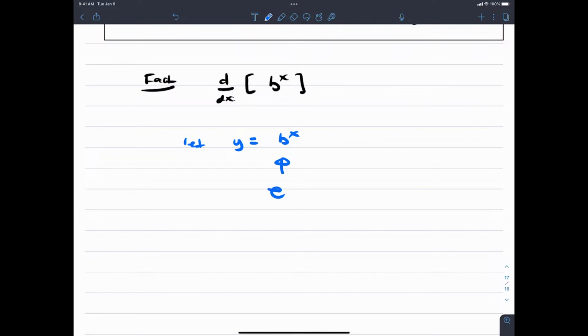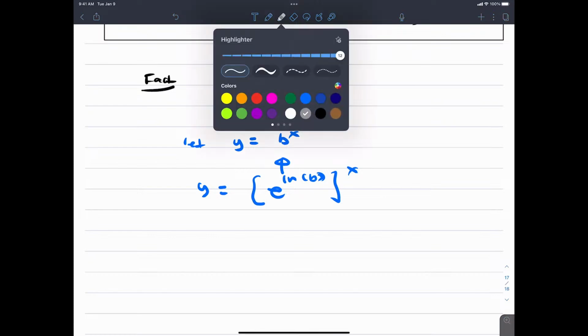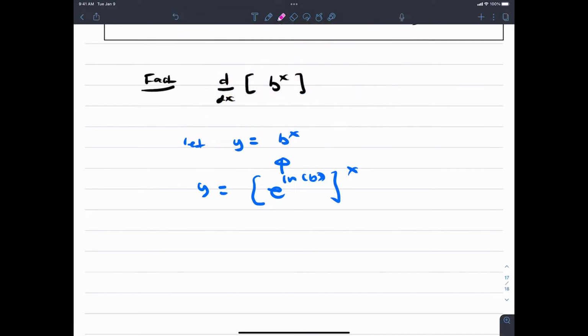e to the ln b. There's your b. That's to the x. So what I'm really saying, if I can find the color, maybe pink, b is replaced with e to the ln of b.